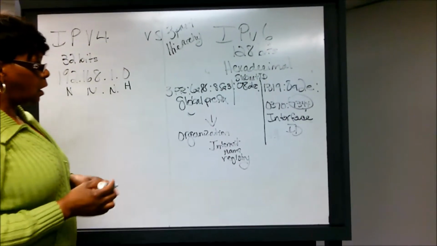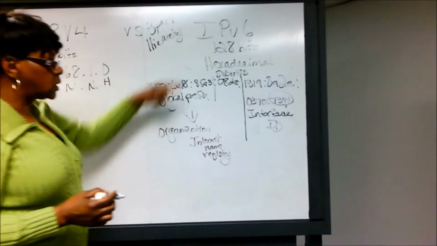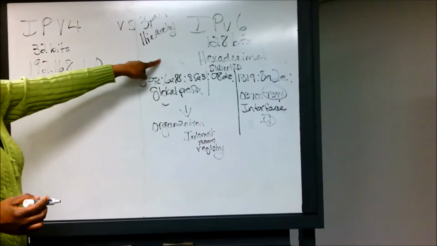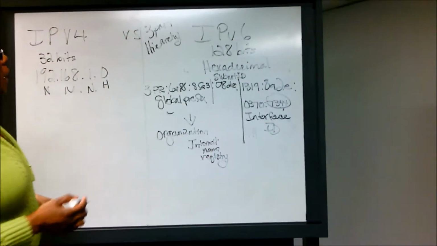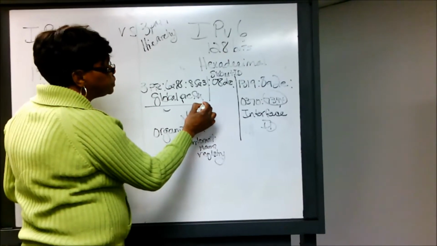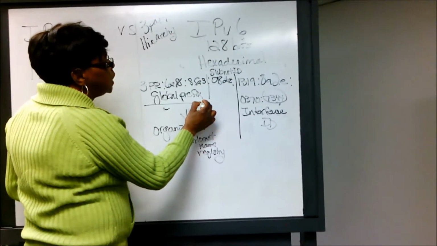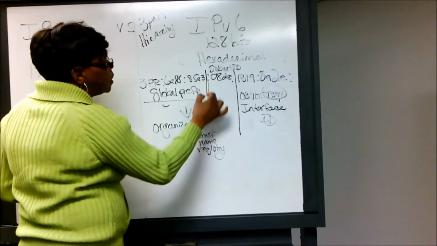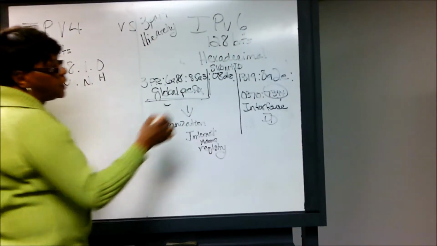Over here, we have IP version 6, which is 128-bit, and it's a three-part hierarchy. All of it is hexadecimal, but the first part represents the global prefix.